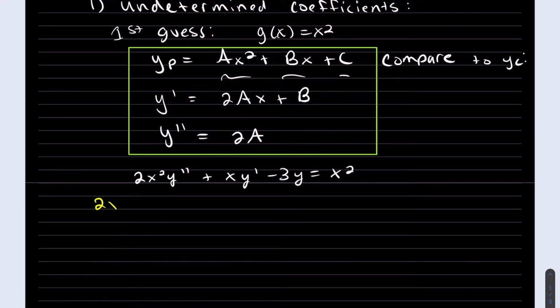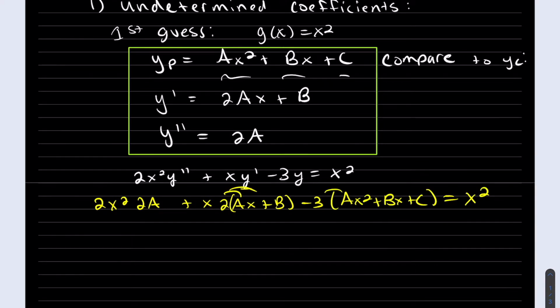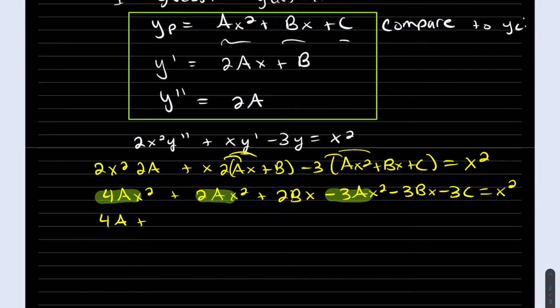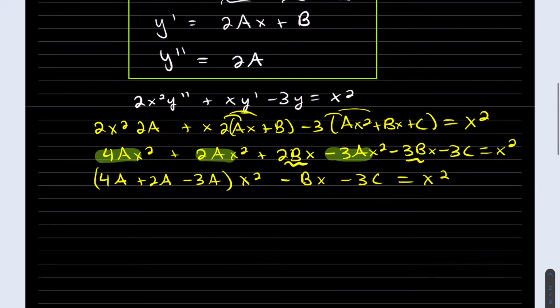So we have x squared times y double prime, which is 2a, plus x times y prime, minus 3 times y, and let's go ahead and equate coefficients.